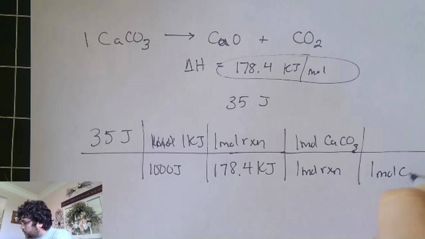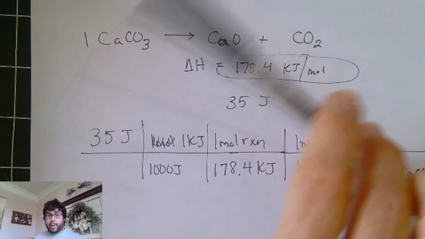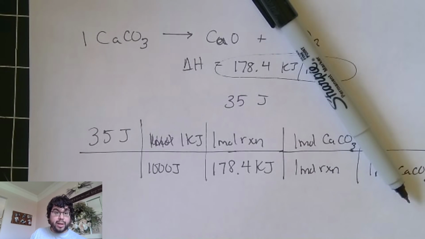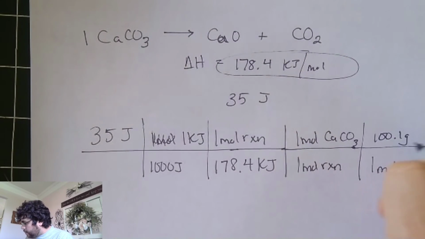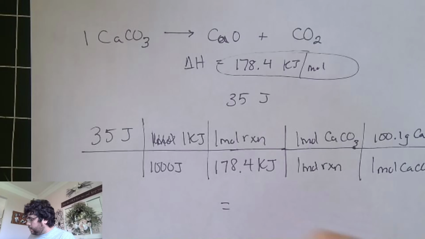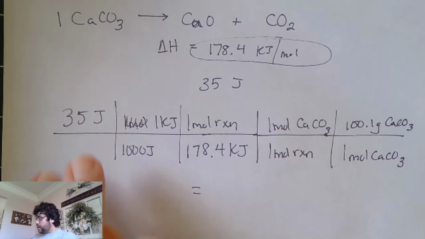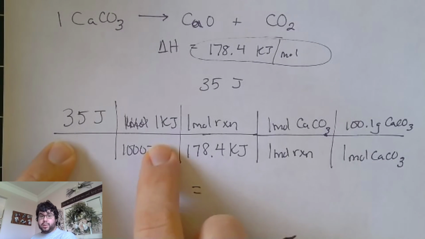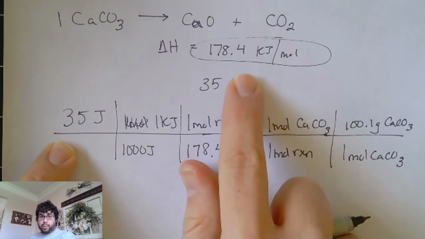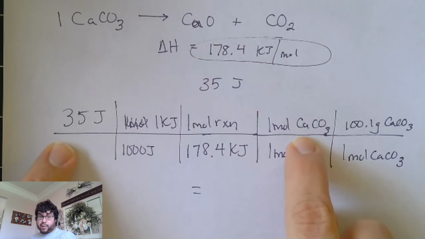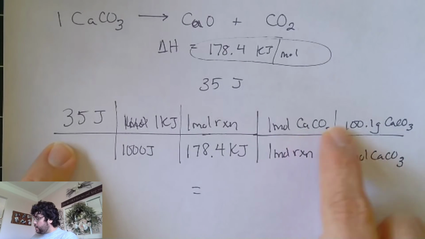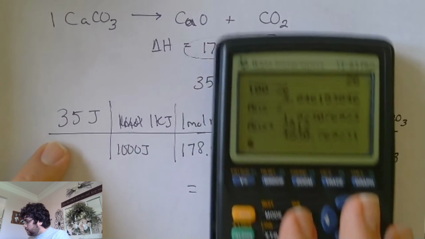The molar mass of calcium carbonate, I did not pick that up before, is 100.1. So this takes us from energy to kilojoules to moles of reaction using the molar enthalpy value, which is important, and then from moles of reaction to moles of calcium carbonate, and then to grams. Let's do that math.